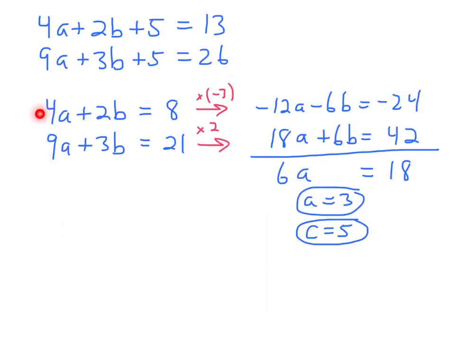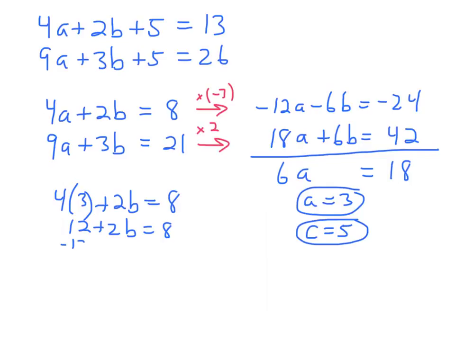So I'll use this top equation right here. 4a plus 2b equals 8. So I'm going to substitute in the answer for a. So 4 times 3 plus 2b equals 8. So 12 plus 2b equals 8. Subtract 12 from both sides. So 2b equals -4. And then b would be equal to -2.